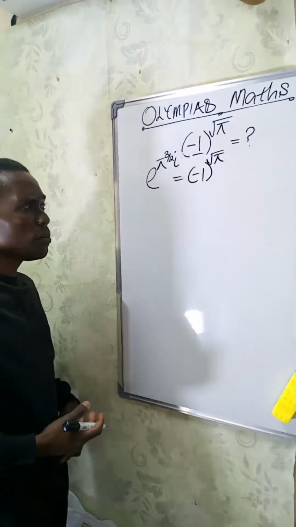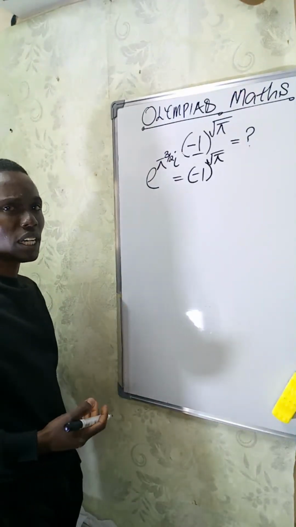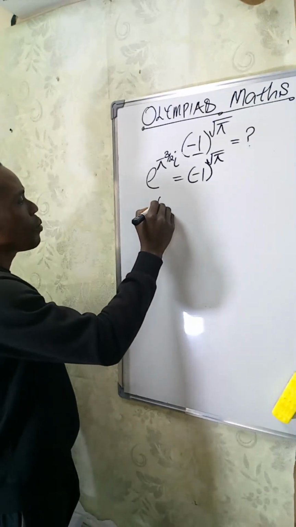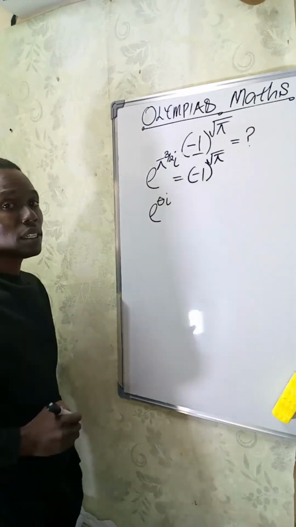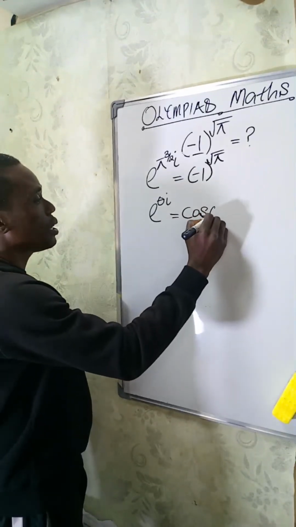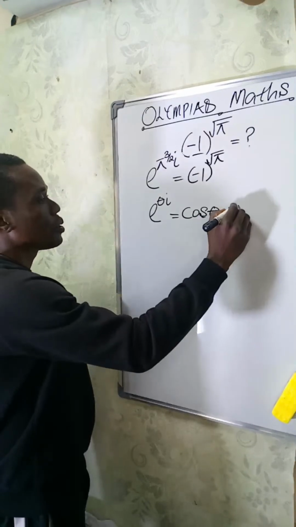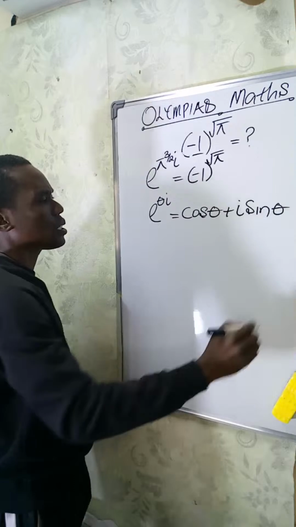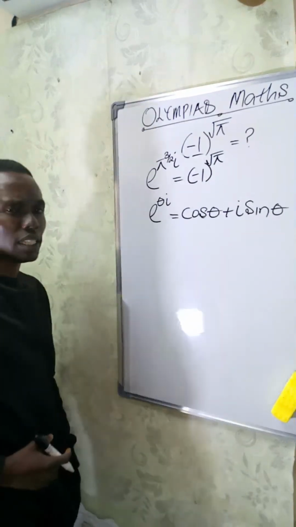I'll still remember the Euler identity. And what is that Euler identity? That if I have e to the power of i theta, it can be equal to the cos of theta plus i multiplied by the sine of theta. This is the Euler identity.